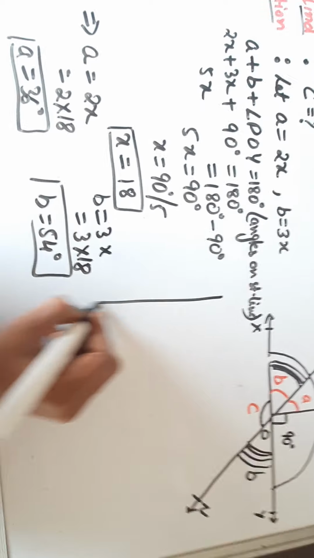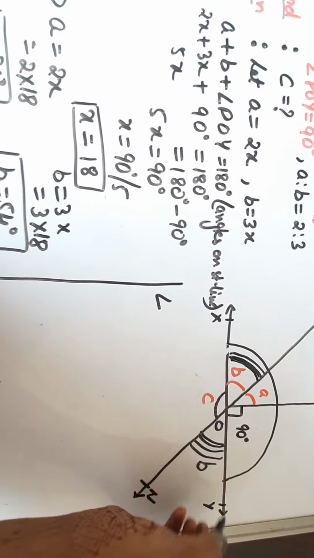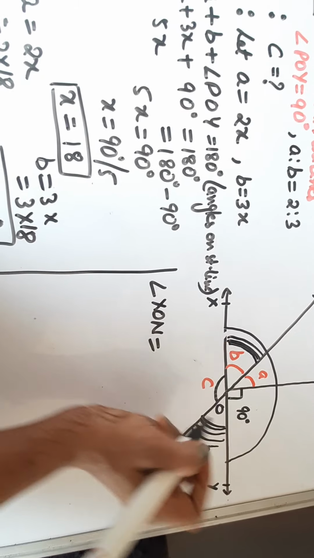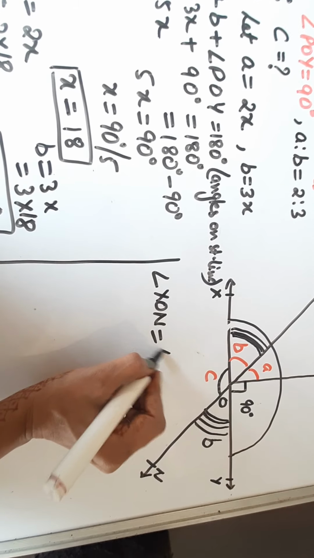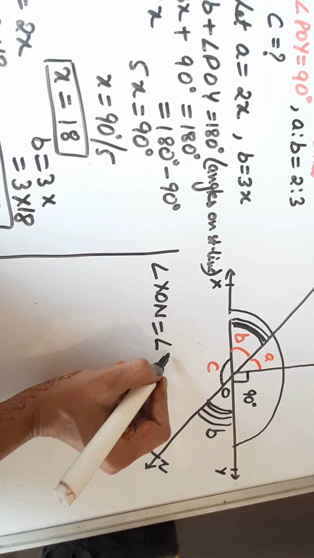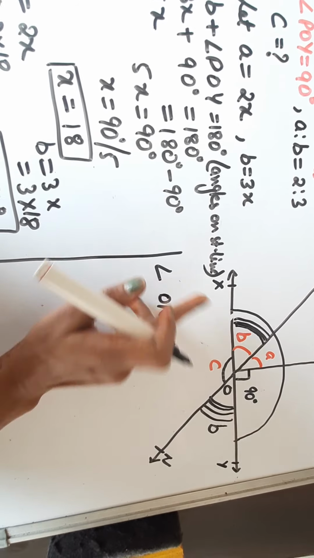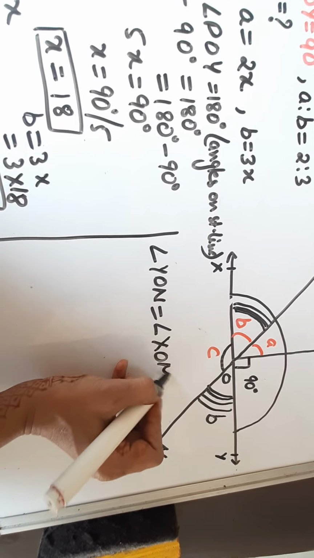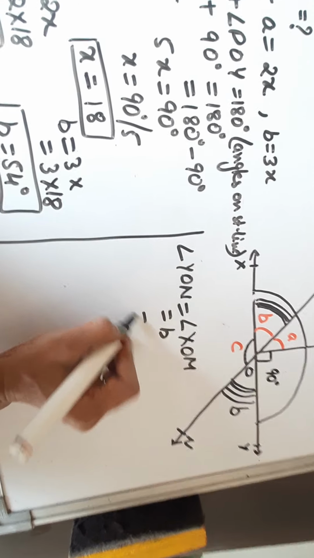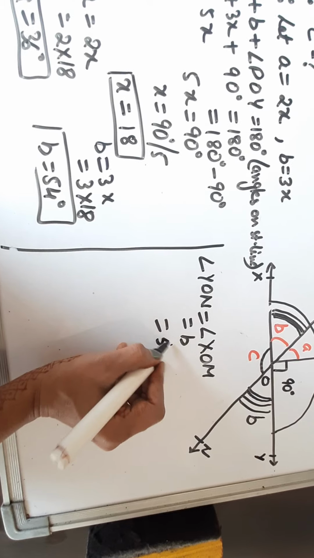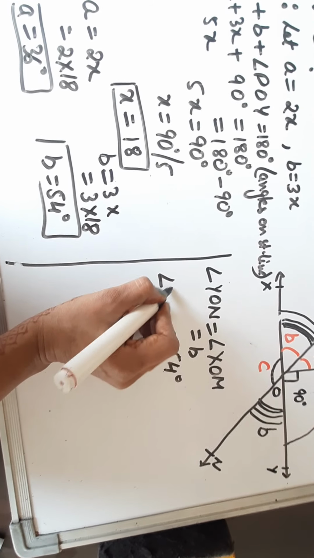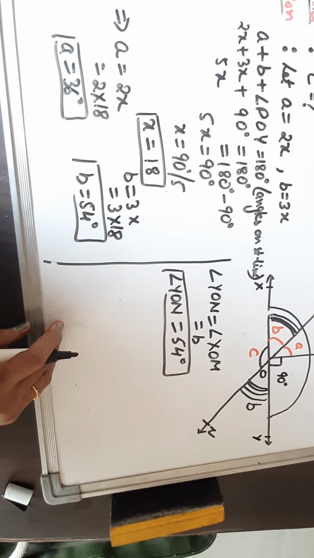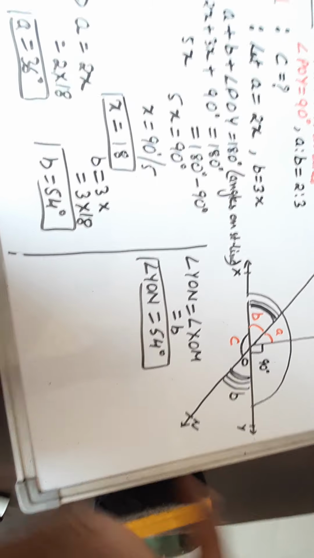So now we will write angle XOM is equal to angle YON, that is B, and we have already found the value of B. This is 54 degrees. So in this way you will get this angle also, that is B.